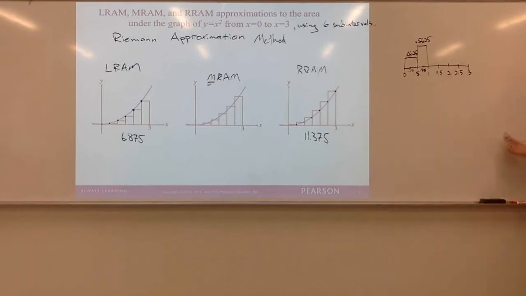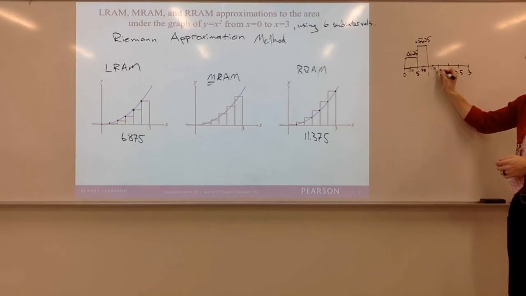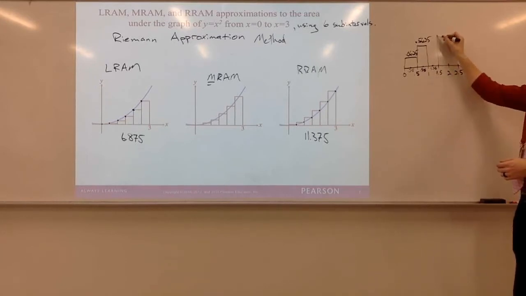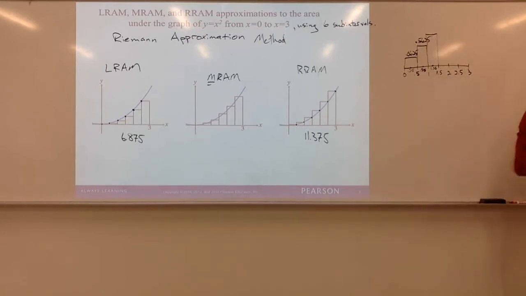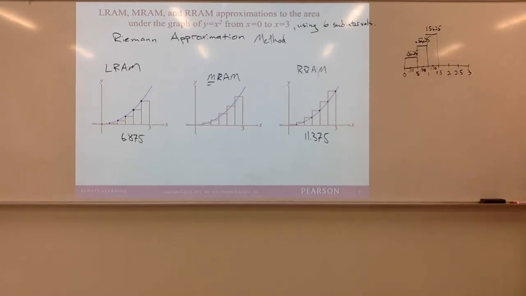Okay. Then for the next rectangle, to get the height, I'm plugging in the midpoint, which would be 1.25. 1.5625. Then we just keep going. So plugging in the midpoints. So 1.75.